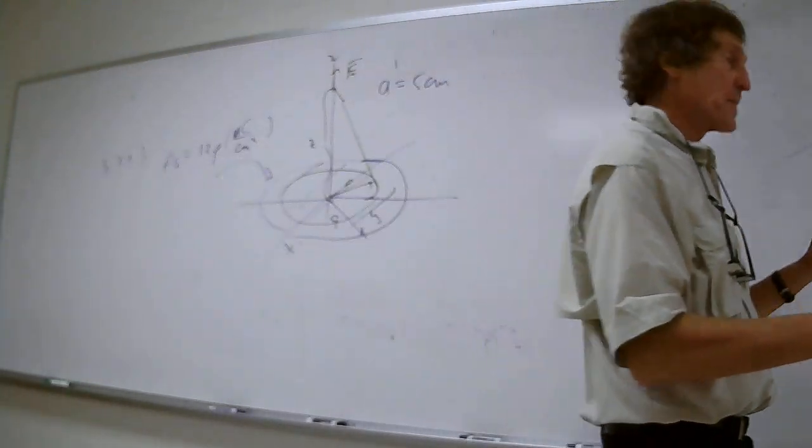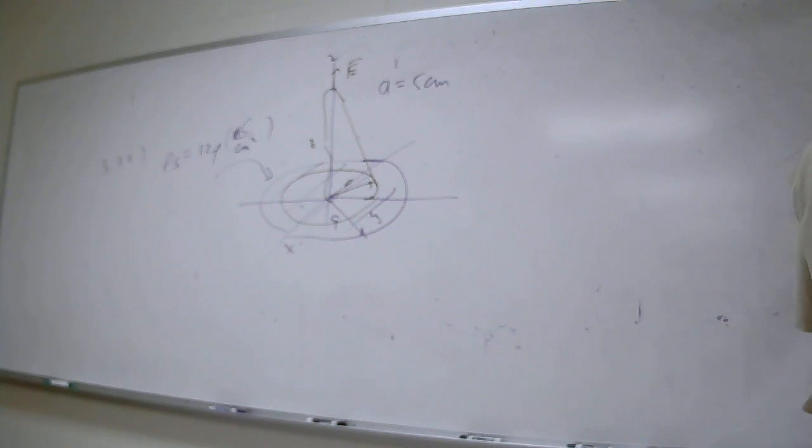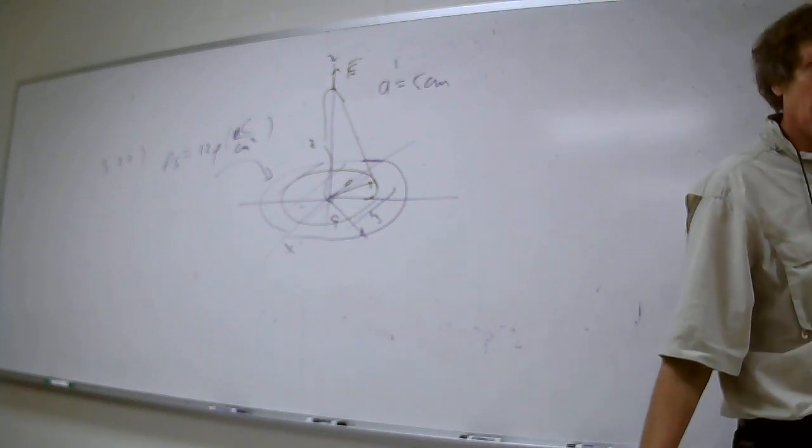We did the problem. If you just have a loop like so, call it X, Y, and Z, a loop of radius rho, and I'm up a distance Z. Remember me doing this for you? Remember we got the differential electric field from a chunk, integrated?